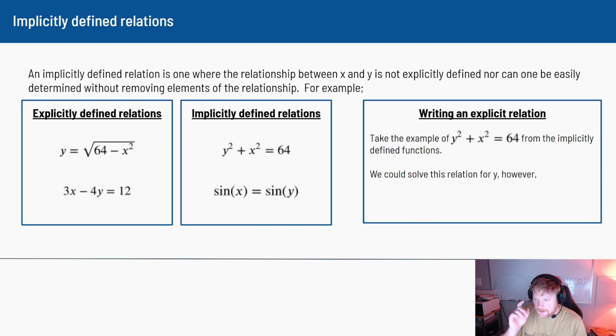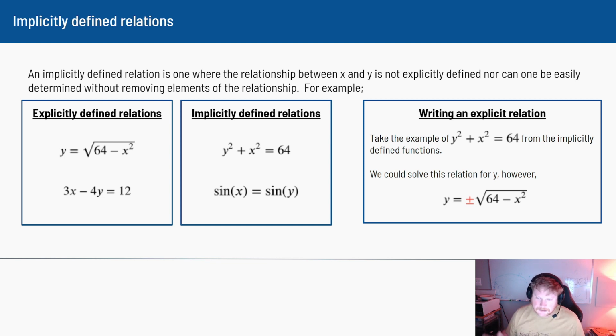So for the example that we just saw of y squared plus x squared is equal to 64, in the implicitly defined relations, I really should change that to relations, we could solve this relation for y. However, when we do, I get a plus or minus. So I have to now choose the top or the bottom.